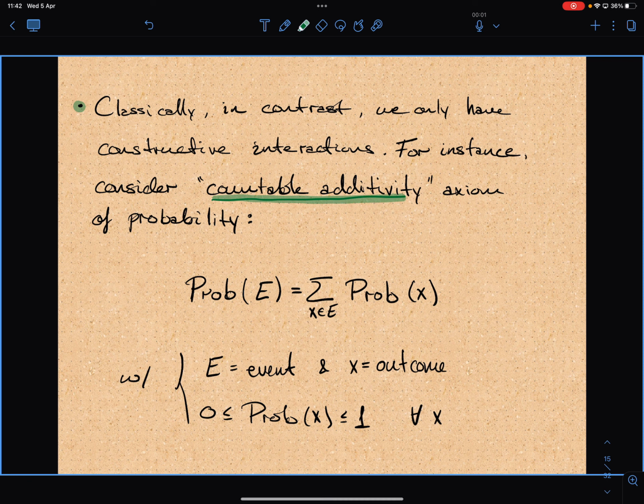It says that the probability of an event is equal to the probability of all the outcomes in that event. So you have an event E, and the outcome is X, and the probability of each outcome is between 0 and 1. These are all positive numbers. These are all adding constructively.